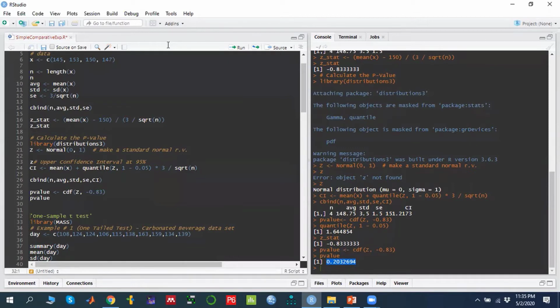Again, what is the decision-making criterion using the p-value? If the p-value is greater than or equal to your pre-decided alpha value. Okay, right now, because we consider a 95% confidence interval, the alpha value we have taken is 0.05. Is it greater than or equal to the p-value, 0.2032?